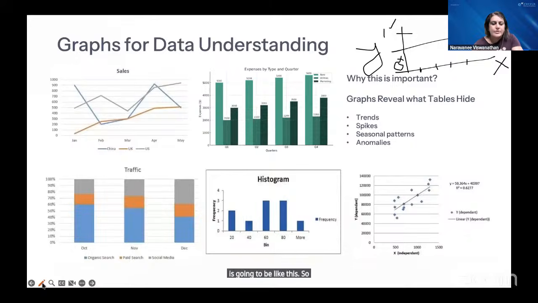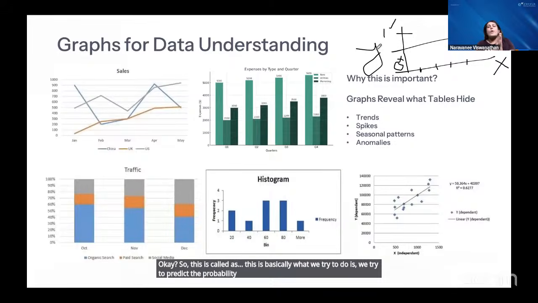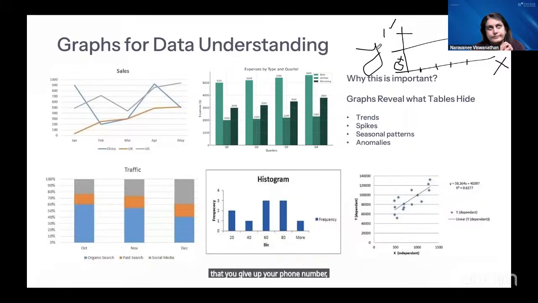Your independent variable x is going to be discrete data, and your y value will be categorical. So at what point of x do you give up your phone? This is what we try to predict: the probability that you give up your phone number, using different values of x.